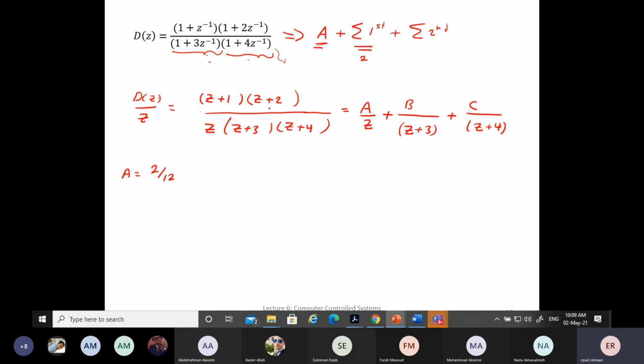So 2 over 12. B, multiply by z plus 3, and set z equal to minus 3, so I get this cancelled.